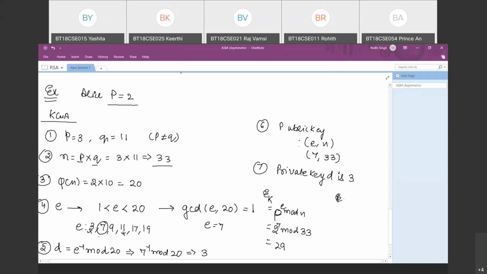And the decryption process is C to the power D mod n. So the value of C is 29, the value of D is 3, and mod 33. So it is 2. You can see the plaintext after the decryption is 2, the same as the original plain text. So this is the RSA crypto system.